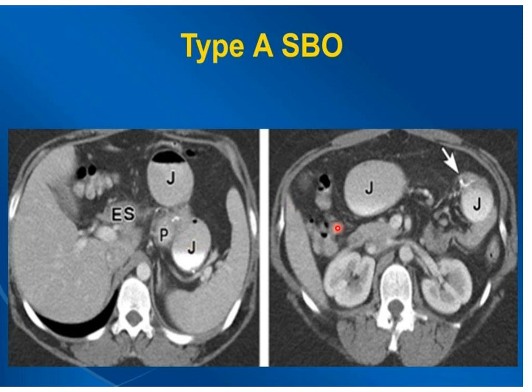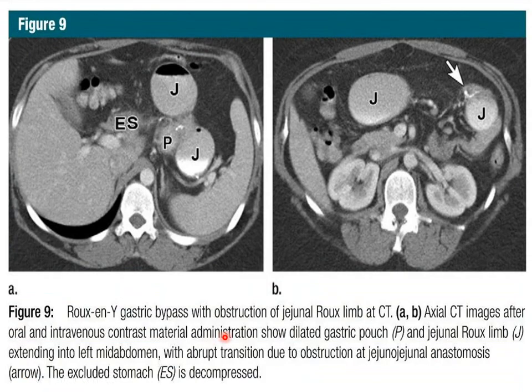Again, here you can see the jejunum. In a few slices below this slice, you will see that there is an abrupt change in the caliber of the jejunum, so that's why it's a small bowel obstruction. And there is no gas in the distal part.